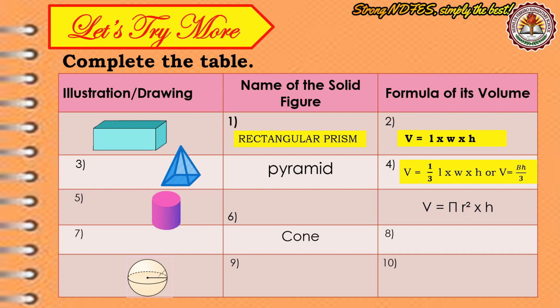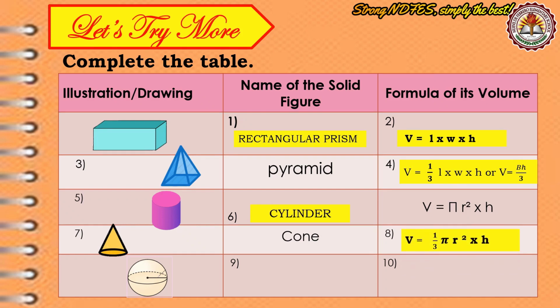What is the name of the solid figure with the given volume formula? Yes, it is a cylinder. Let us have number 7. How will you illustrate the cone? That's right. How about the formula of a cone?